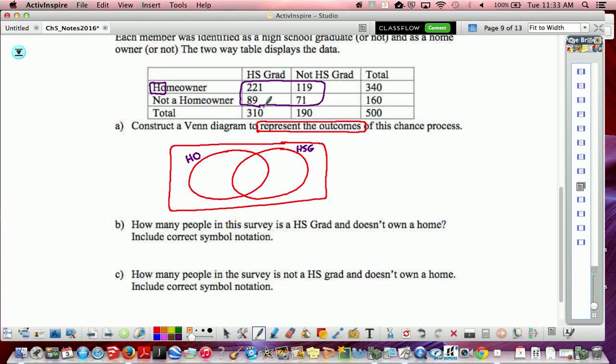So if I start with top left, 221, where does that number go? Right in the middle, homeowner and high school grad. How about the 119? Homeowner, but not a high school grad. So to the left. Then what about 89? It goes to the right. And then the 71, yeah, bottom corner.